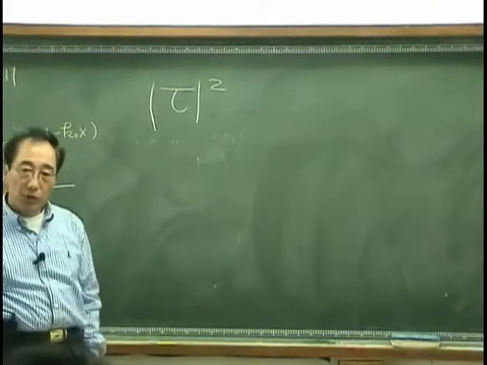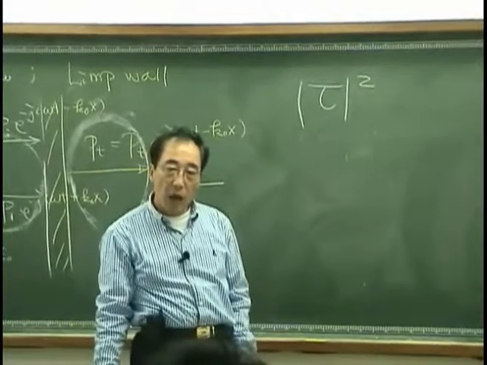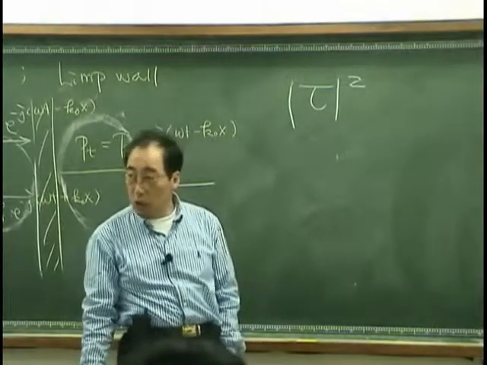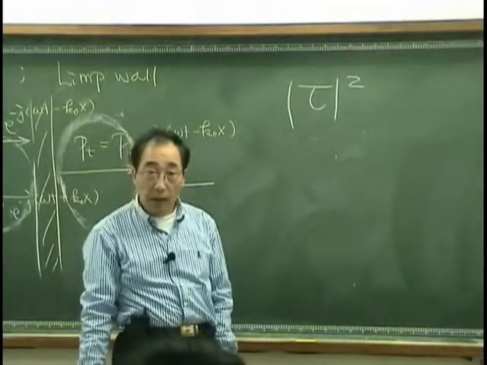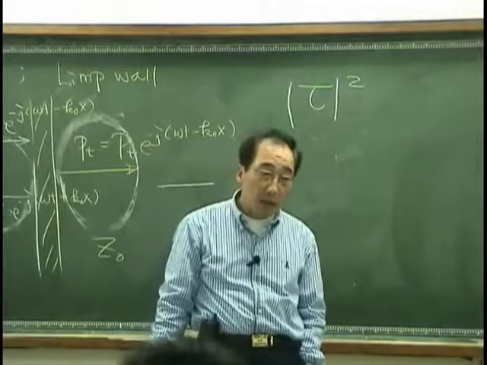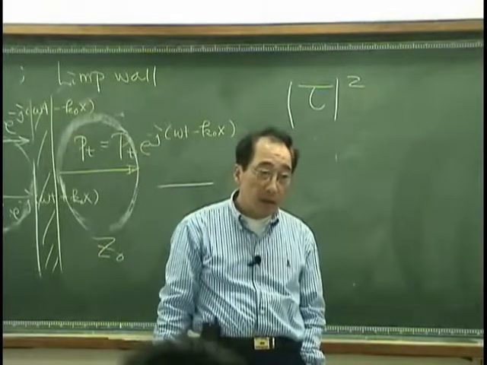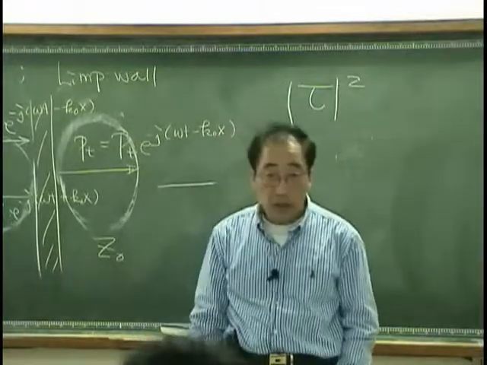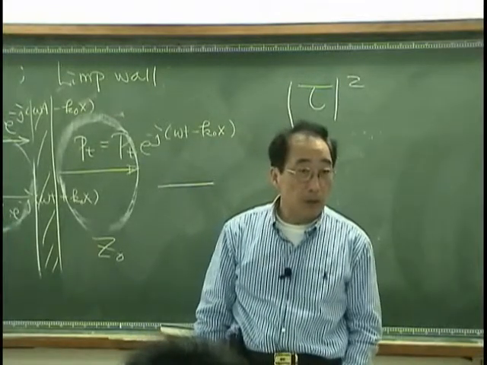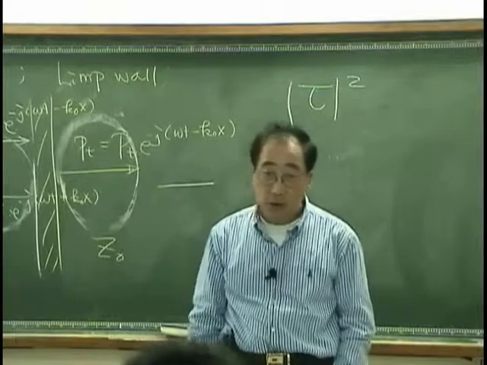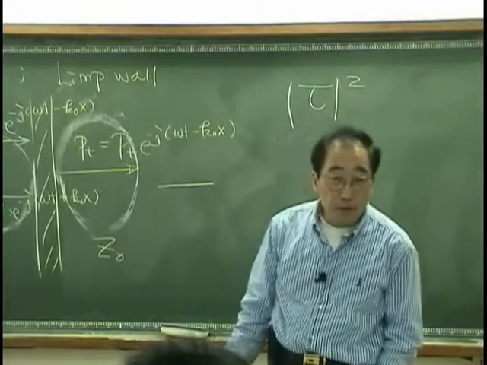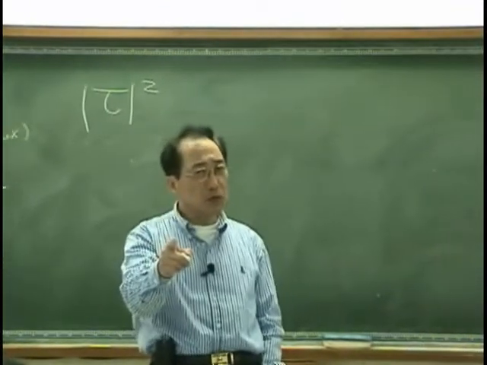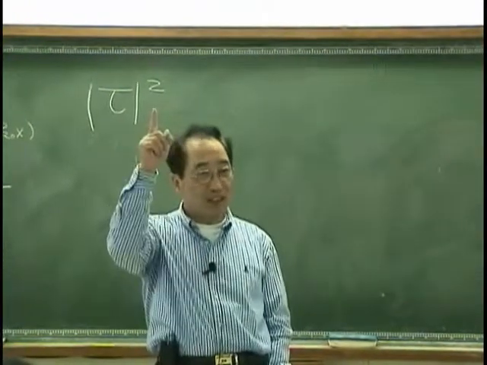Magnitude scale, what does it physically mean? If tau is 0, what does it mean? No transmission. If tau is 1, total transmission. If tau is 100, do you think that is possible? No. If you can make that possible, that means you will be a rich man, right?